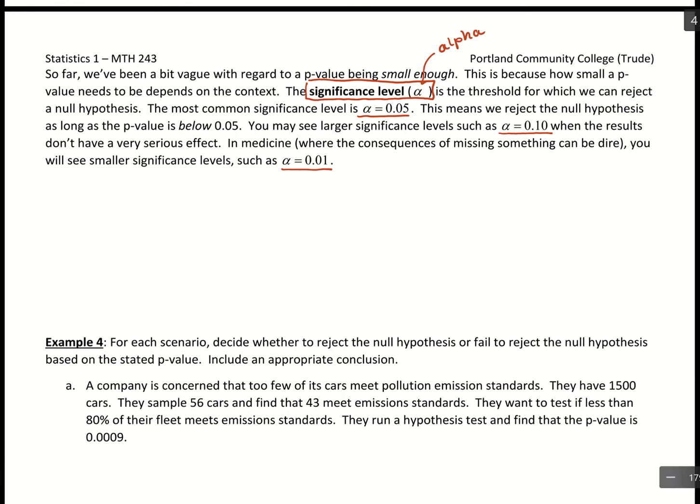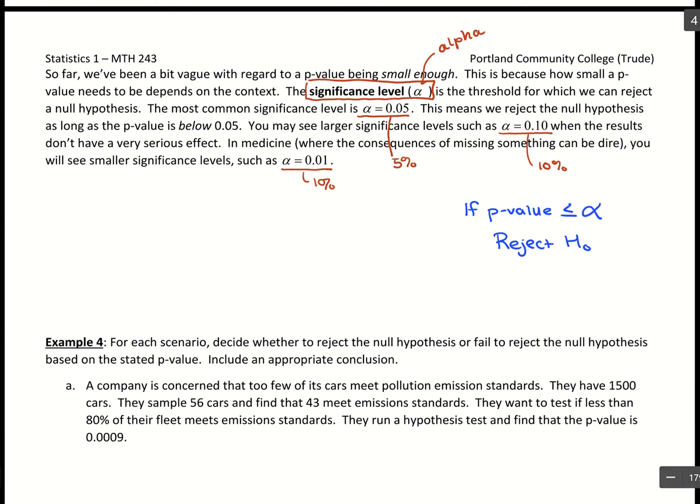Basically, 0.05 relates to 5% significance, and here's 10% significance, and here's 1% significance. It's setting the level for if we are lower than that value, we reject the null hypothesis. So if our p-value is less than or equal to whatever alpha is, we reject the null hypothesis.